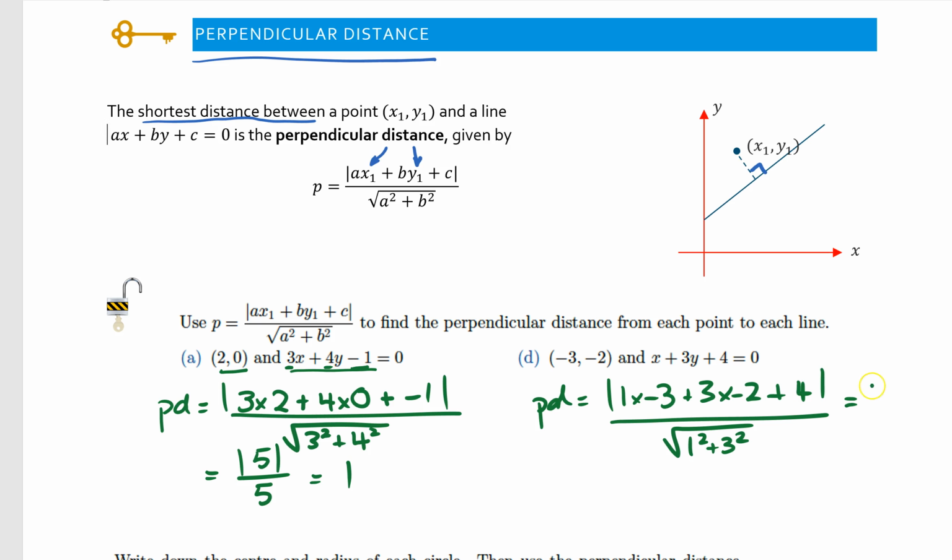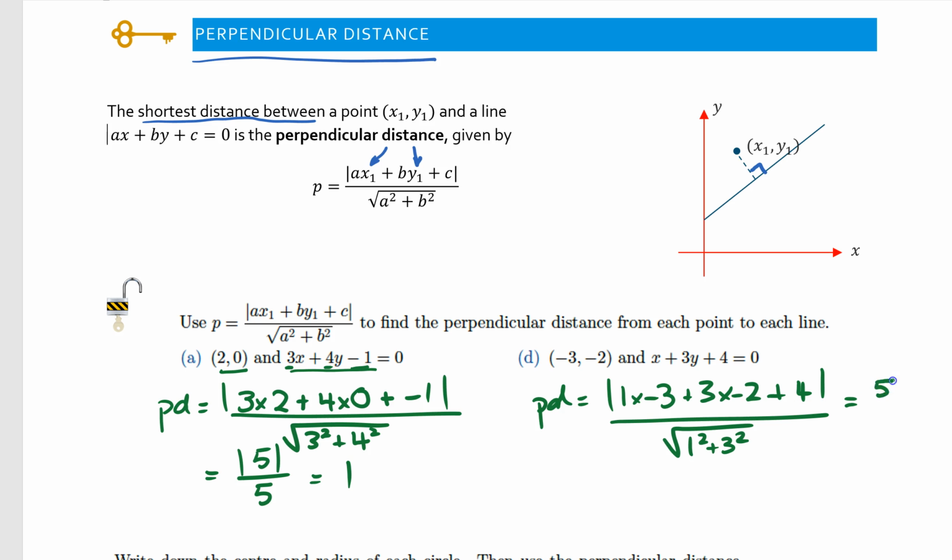Plus 4 gives us 5, and square root of 1 squared plus 3 squared is square root of 10, and we should rationalise the denominator. So multiply top and bottom by root 10 and cancel it down, so it's root 10 on 2. They could be really nasty and allocate a mark to that bit.